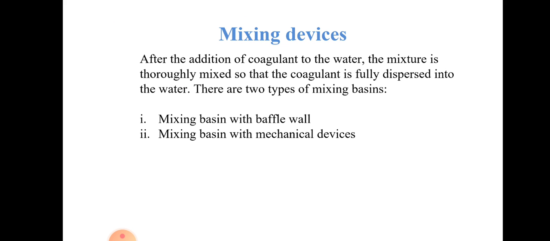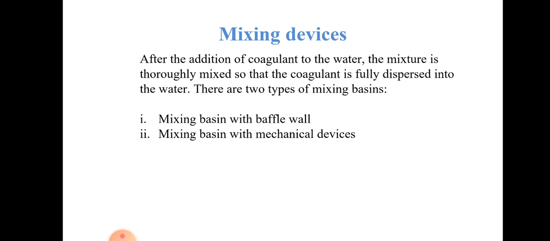So what are the various types of mixing devices? After the coagulant is added to the raw water, the mixing process is done by various methods. Some of the simple methods include, firstly, the centrifugal pump. In most cases the centrifugal pump is used to lift the raw water to the settling tank.